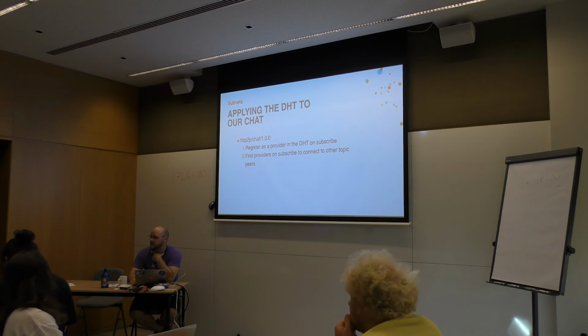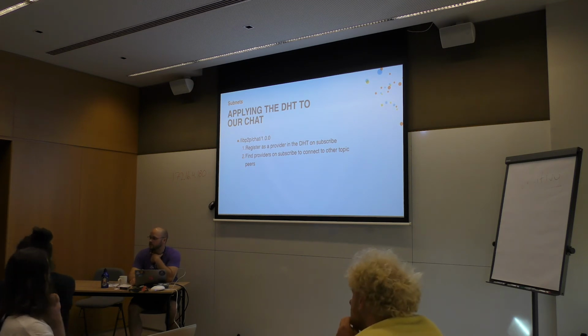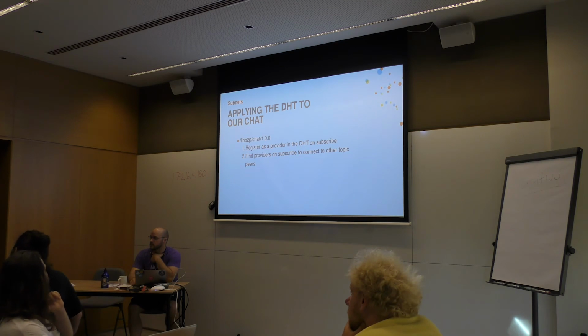I noticed some difficulties there as well, but at the end of the day, you would expect that any interaction with the DHT that's necessary would be done by Gossip Sub. So Gossip Sub, please make sure I can communicate with people who are interested in this topic. Yeah. So you shouldn't have to go all the way to the DHT as an application developer, I would say. Sometimes it's necessary, but right.